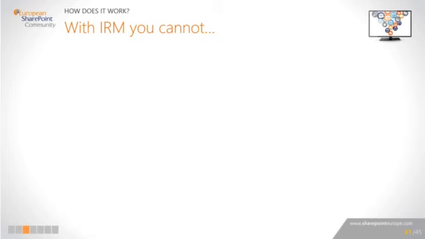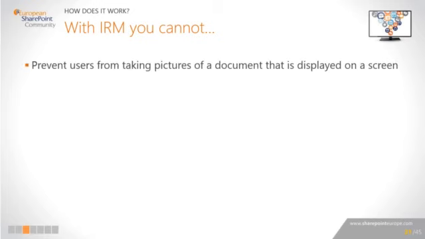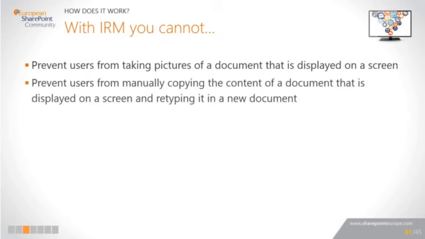Unfortunately, IRM also has its own shortcomings, such as you cannot prevent users from taking pictures of a document library that is displayed on the screen, so using a digital camera or something like that. You can also not prevent a user from manually copying the content word by word and typing it into another document.